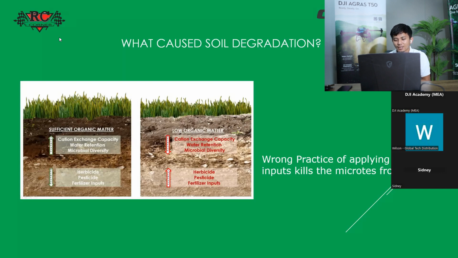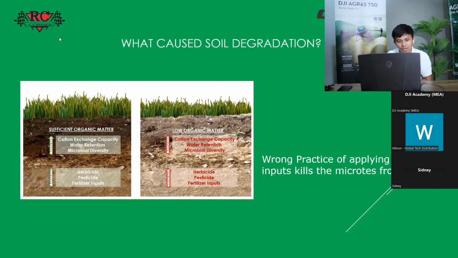But the other side is that when you burn these plants, the grass or anything in your farm, that can also kill the microbes in the soil, and that is not good for our soil either.